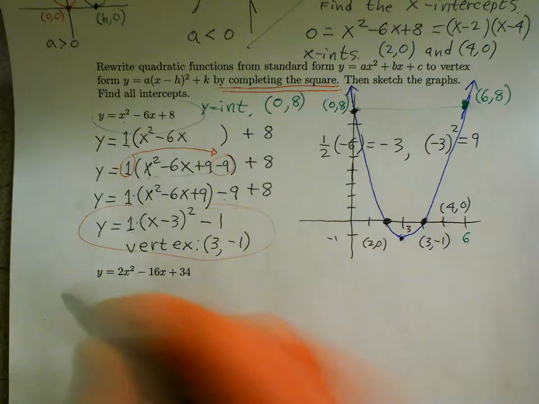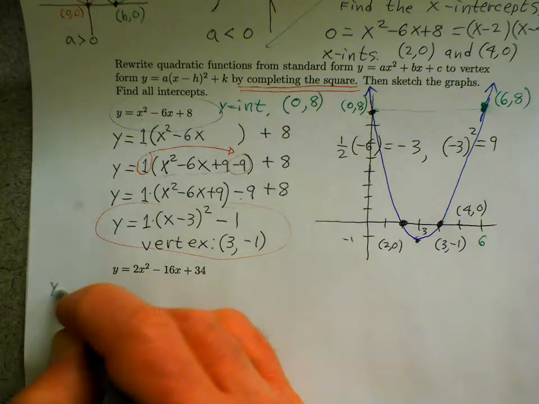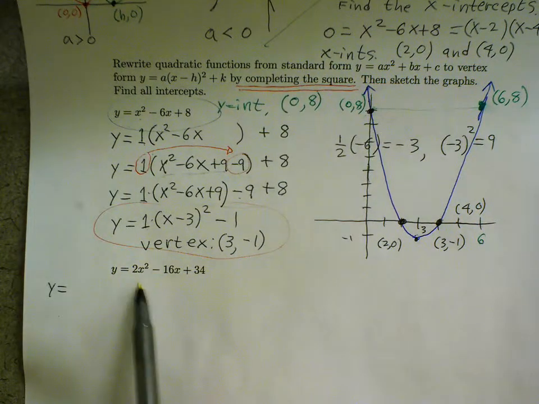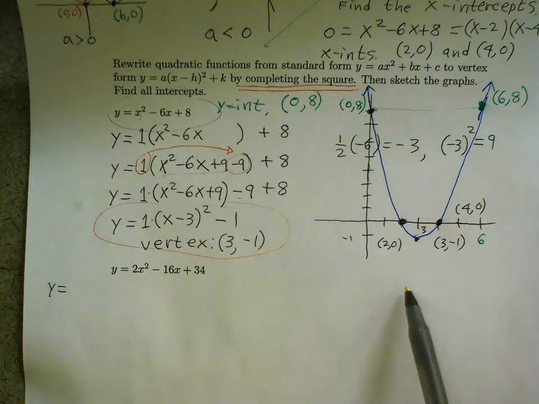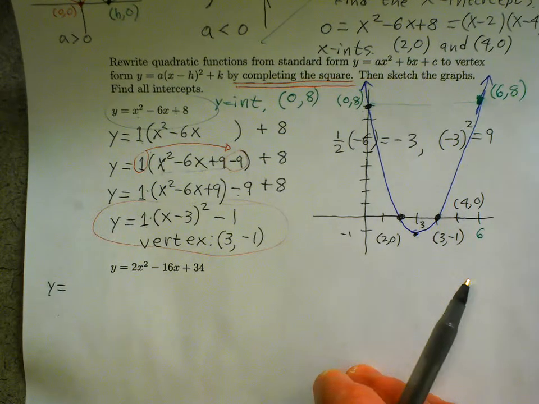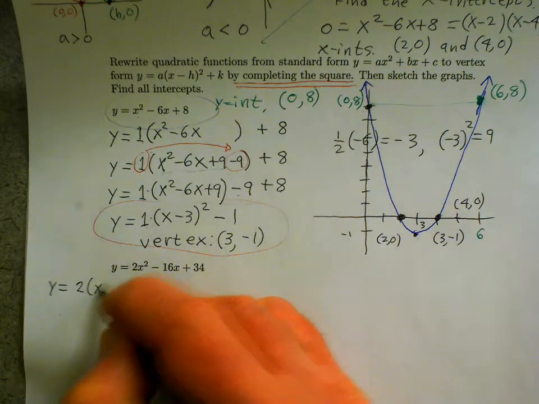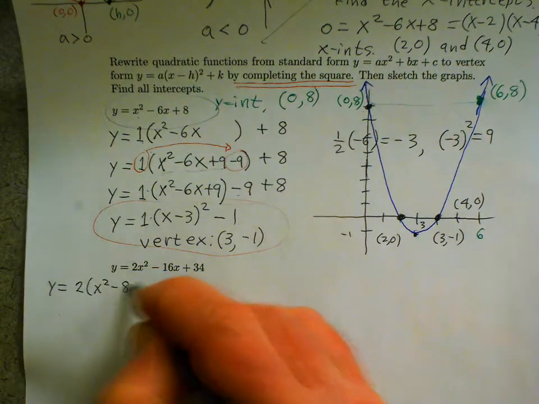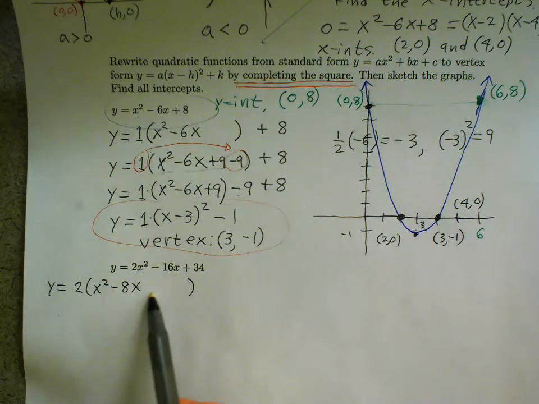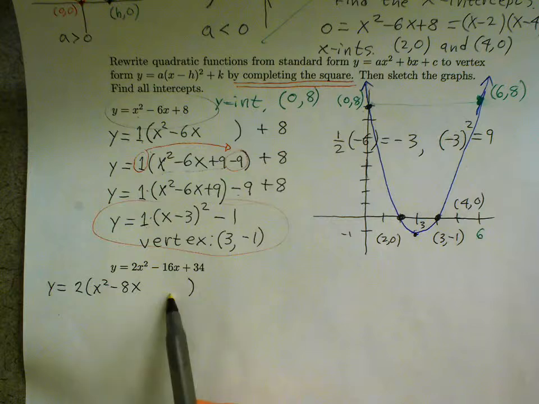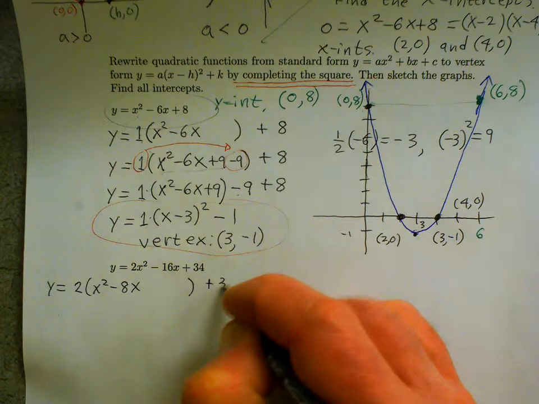So to get it into vertex form, we factor 2 out of the x squared term and the x term, but we leave the constant outside of the parentheses. So we have 2 times the quantity x squared minus 8x. I'm leaving some space inside the parentheses for the adding 0 part, and then the plus 34 stays on the outside.